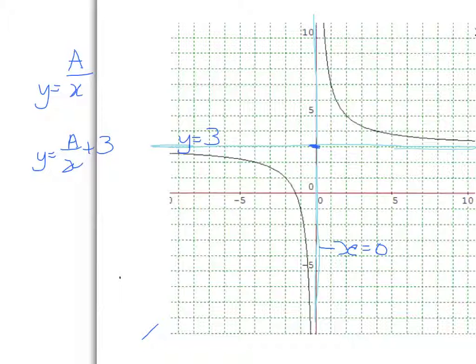Now to find a, remember we go from the centre of the new asymptote. From here, let's find a point we can go to. We can go along 2 and up 2. So 2 times 2 is 4. A is 4. Y equals 4 over x plus 3, because it's moved up 3 from 0, 0.